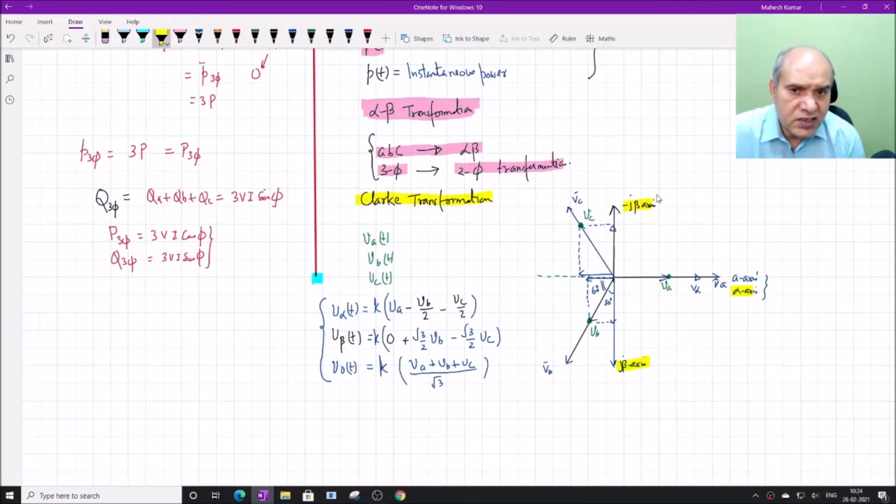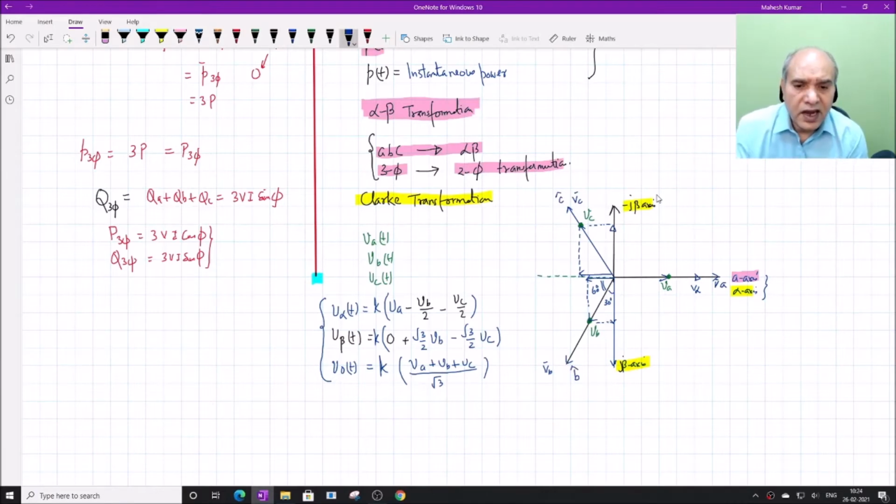This is the A axis here, this is the B axis, and this is the C axis, unit vectors.